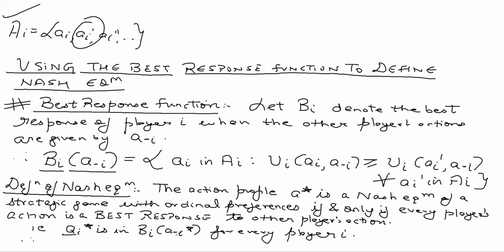What is B_i? B_i is the best response function, which we just discussed 2 minutes back. B_i as a function of a minus i star. A minus i star means when all the other players except player i are playing their equilibrium profile. So basically I can say that a_i star is equal to small b_i as a function of a minus i star.